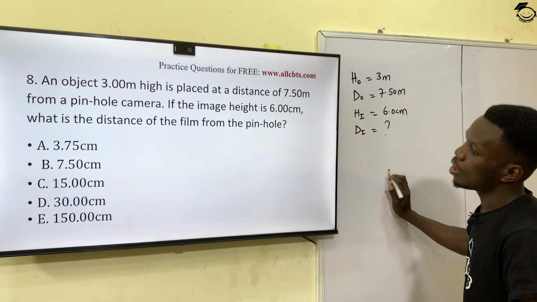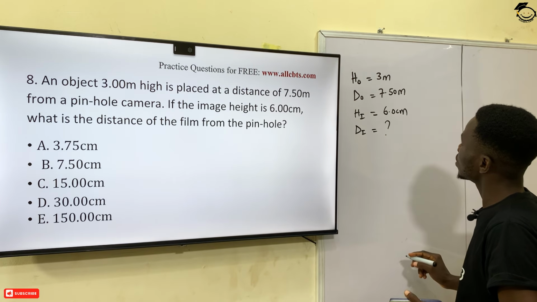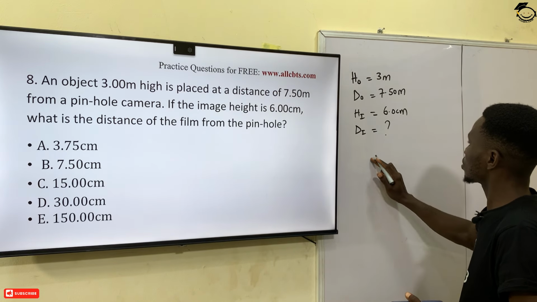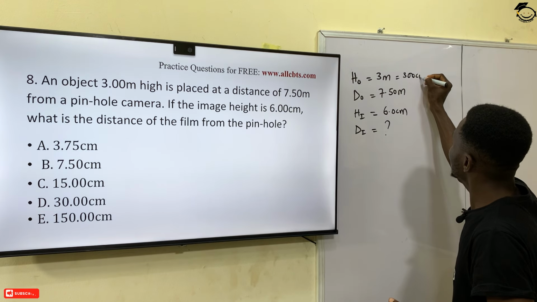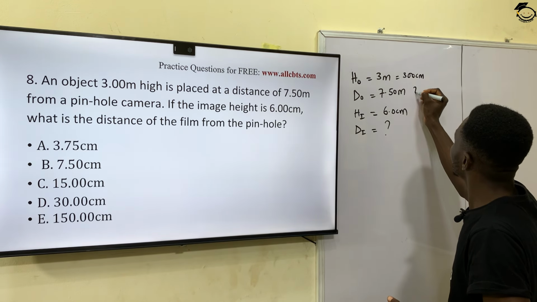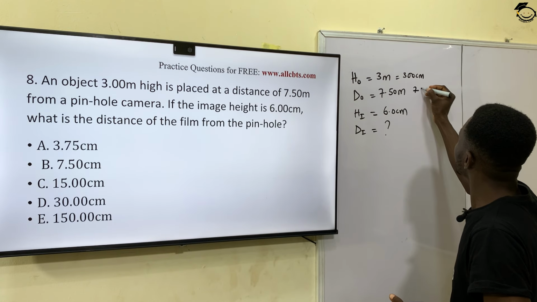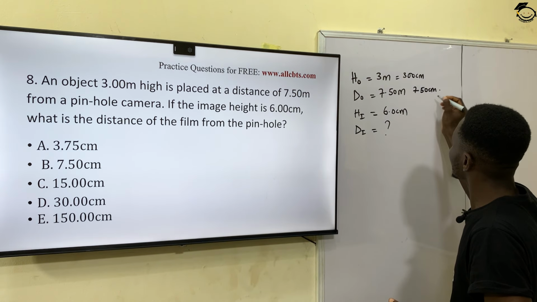So looking at our options, you see that everything is in centimeters. So I simply convert this to centimeters. So this will give me 300 centimeters. This will give me 750 centimeters.